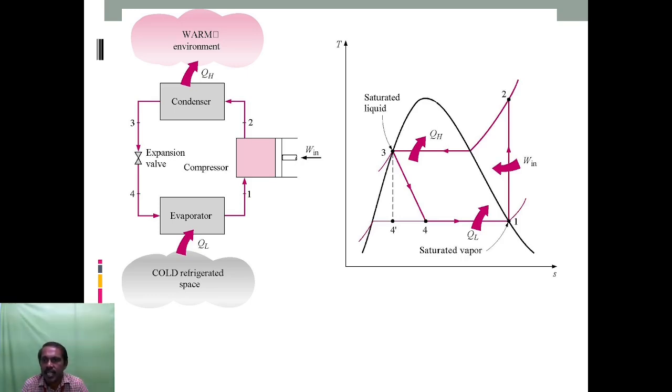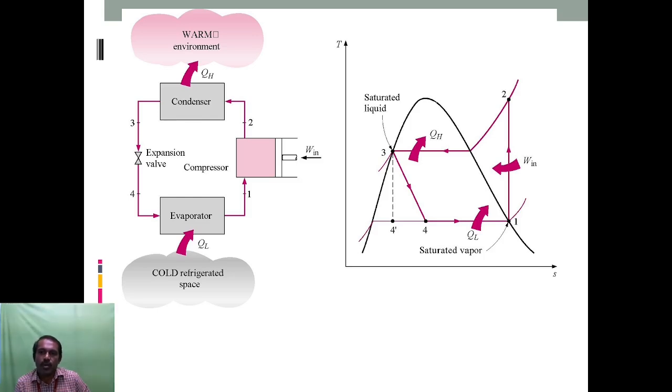Entropy means the energy transfer from one system to another system. The vapor is converted to liquid, so there is a change in entropy. So in the 2 to 3 process, the low temperature, high pressure vapor is converted to liquid.